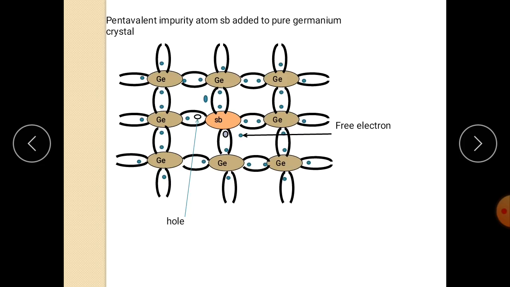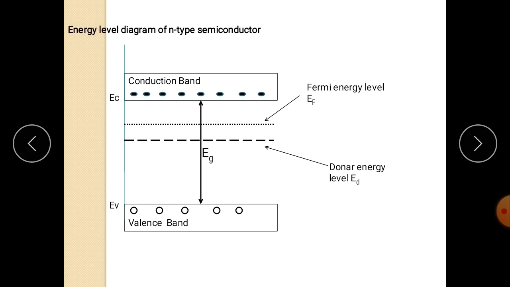The conductivity of N type of semiconductors is mainly due to the negatively charged electrons, so it is called N type of semiconductor. N type means negative type of semiconductor, as the number of electrons is greater than the number of holes.